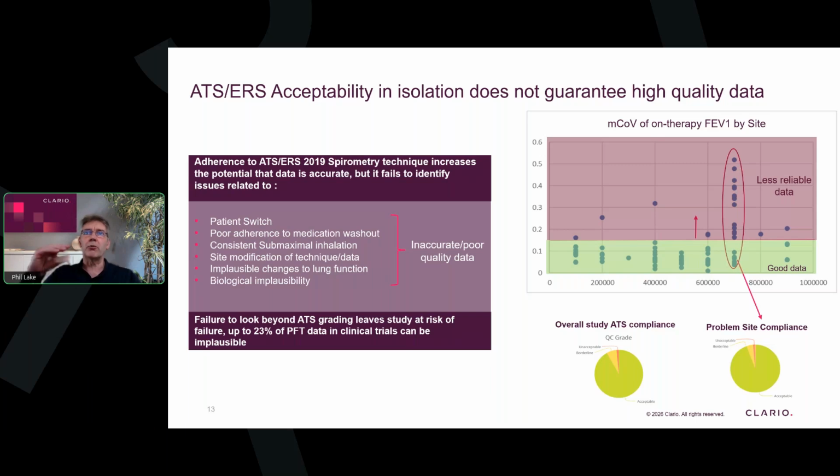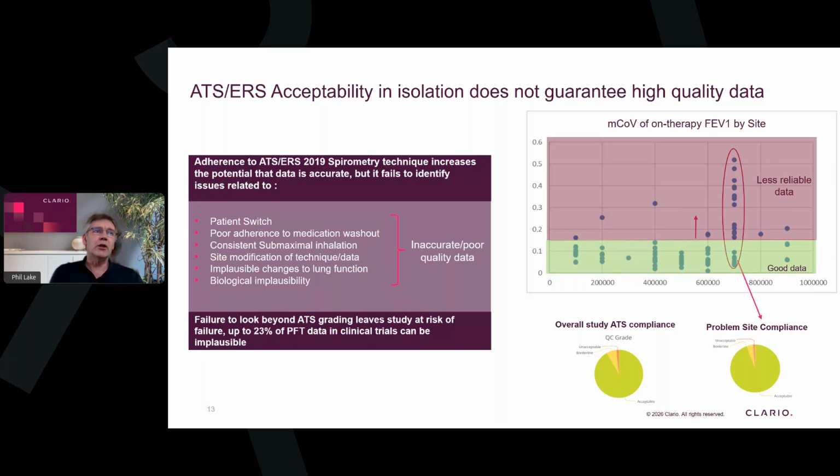As you open up the small airways and improve FEV1, you should also see an improvement in obstruction. When you plot those together, you can see big improvements in FEV1 but actually a worsening obstruction. Generally, this relates to either a switch in patient or some other core technical issue.